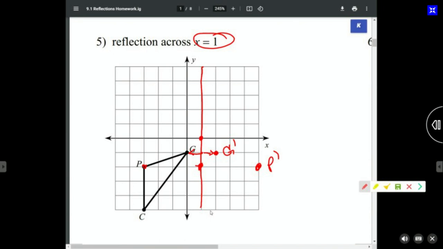C. 1, 2, 3, 4. And it looks, whoops, I missed a point, sorry.